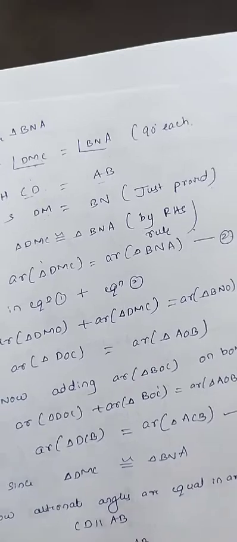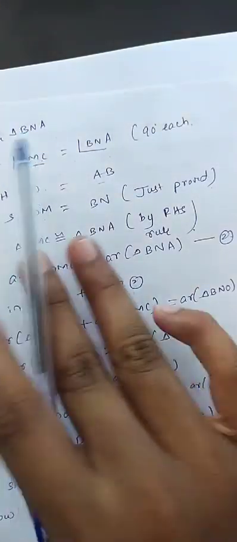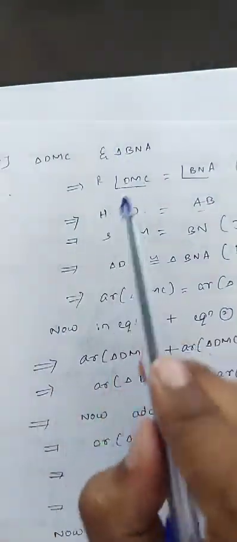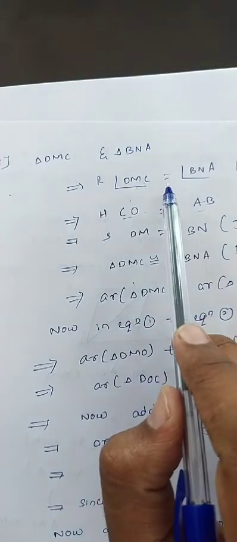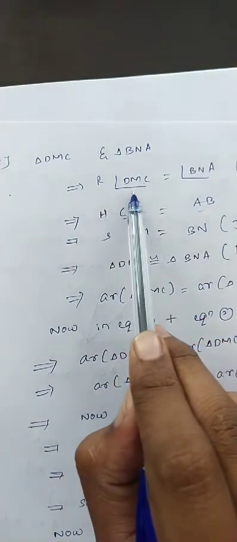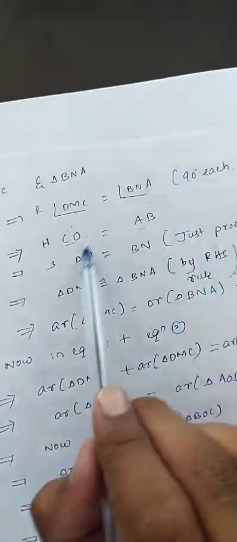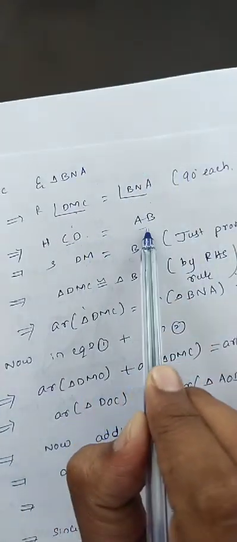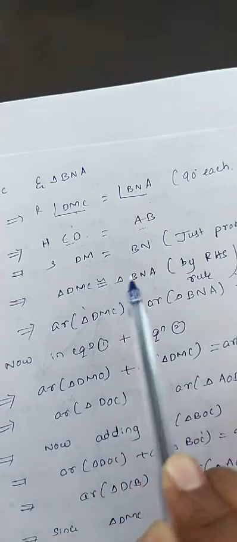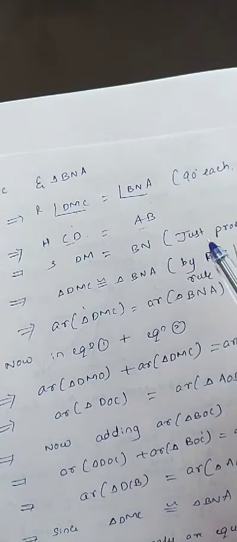So calling this equation 1, we have to consider one more criterion, that is, triangle DMC and triangle BNA. Angle DMC is equal to angle BNA, again both are 90 degrees each, and CD is equal to AB, that is given, and DM is equal to BN, that is just proved.